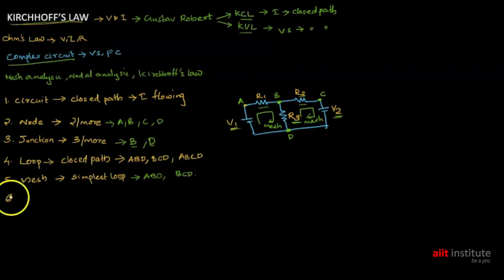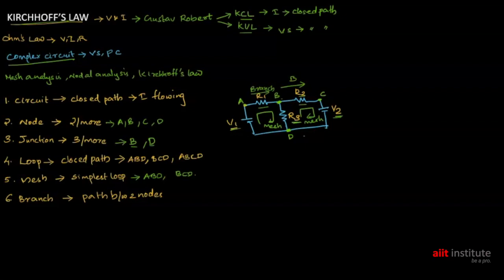Sixth one, branch. A branch is a path between two nodes. Here, there is a path from A to B. So this path is a branch. Similarly, from B to C we have another branch.